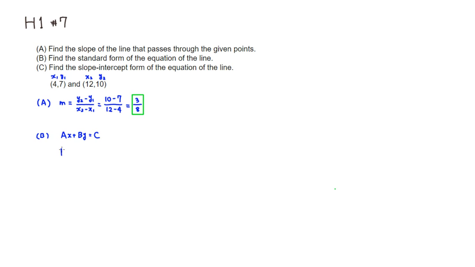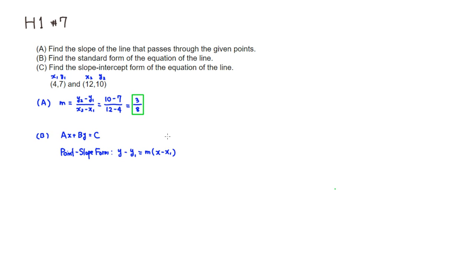So point-slope form goes like this: y minus y1 is equal to slope m times the quantity x minus x1.